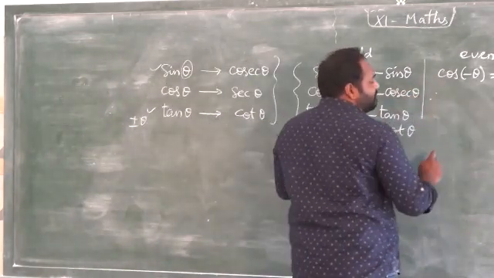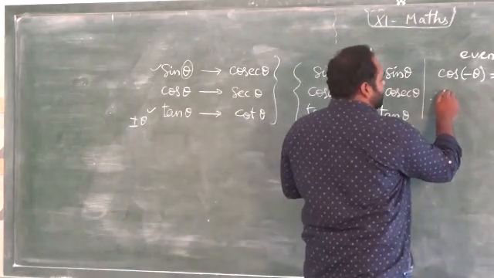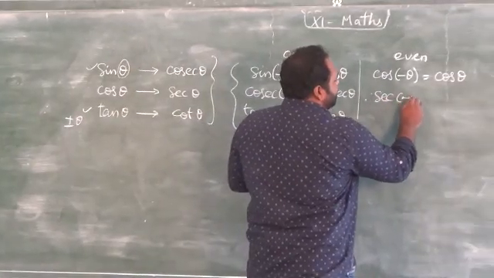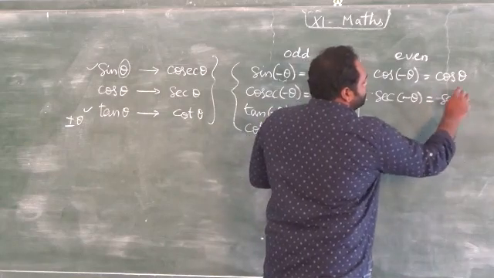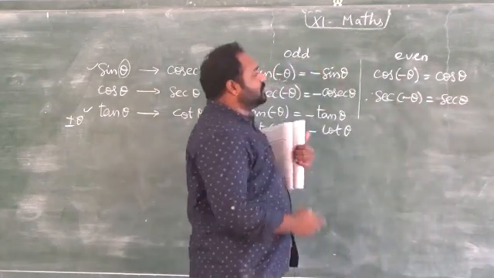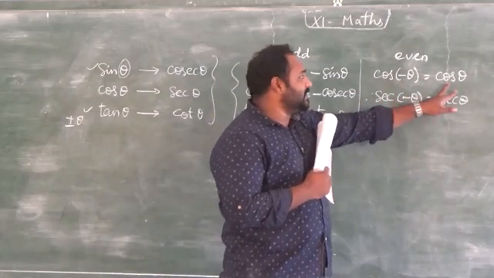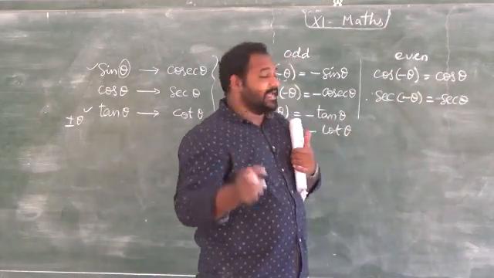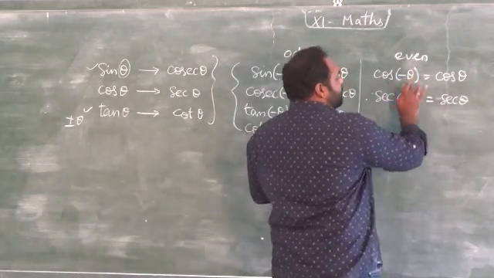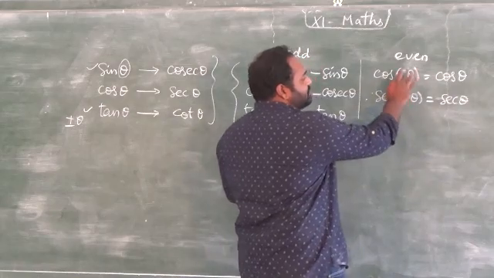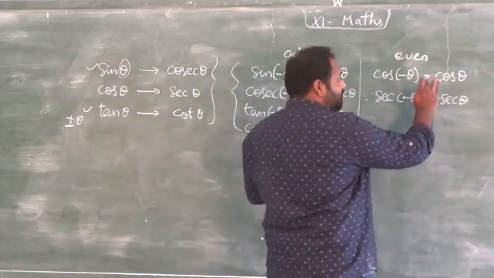Then for even functions, we have only 2 ratios: one is cos and another one is secant. Secant of minus theta is always secant theta, it will become positive. The negative value of theta will not affect cos and secant. Here minus theta is there, but the answer will not be minus, it is positive.